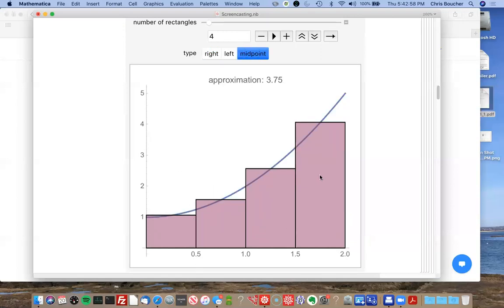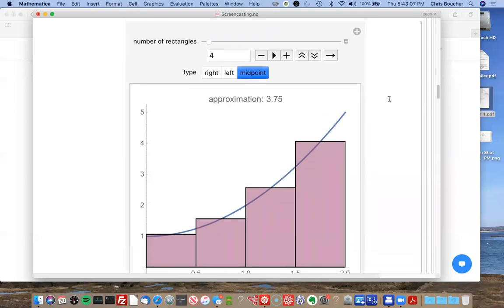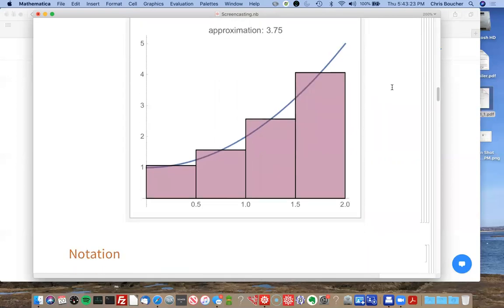Notice that again, for each rectangle, I use the function value at the midpoint of the interval to draw the rectangle top. We're not super concerned with which one of these is the best approximation, because ultimately we're going to be transitioning from the approximation to the exact value via a limit, but we do want to be aware of how to construct all these different kinds of approximations.